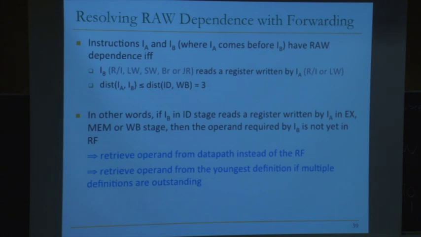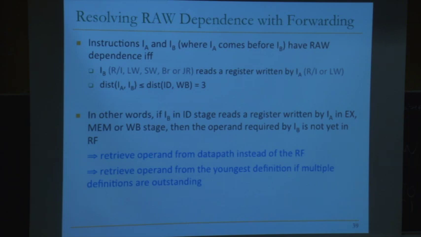That's why I'm going relatively fast, because I've given you the concepts already. But basically, you would like to retrieve the operand from the data path instead of the register file. That's the key idea. And moreover, you would like to retrieve the operand from the youngest definition if multiple definitions of the register are outstanding. Right? Again, it's about the value. It's not about the register ID.